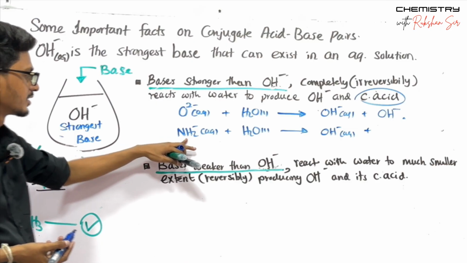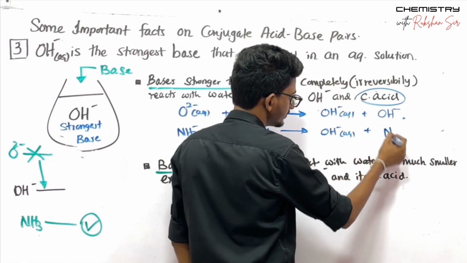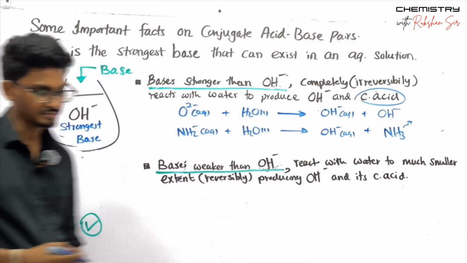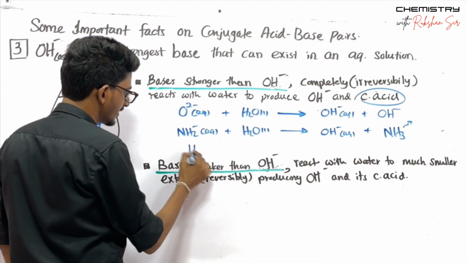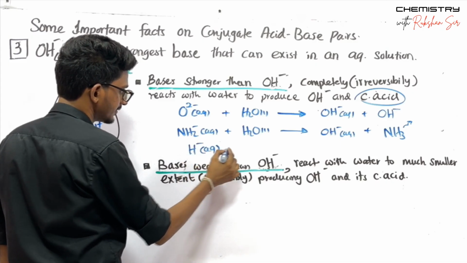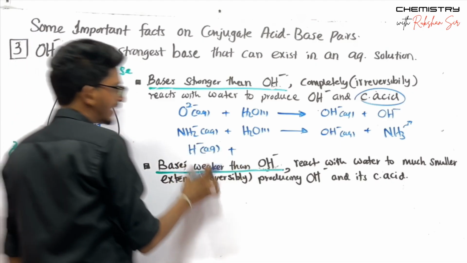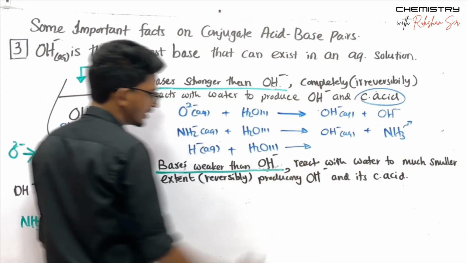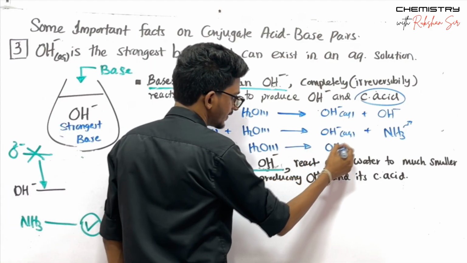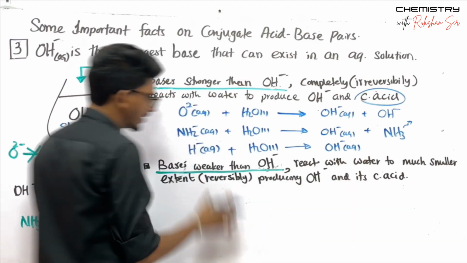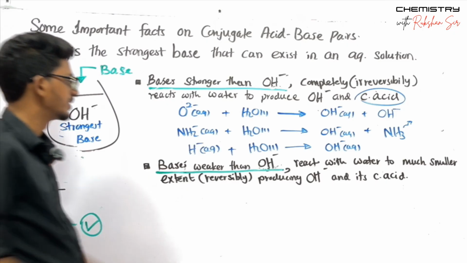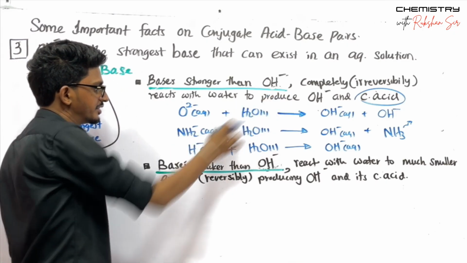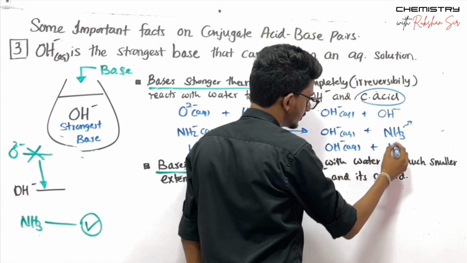So NH2 minus with H plus gives NH3. H minus is another base stronger than OH minus, so water will completely react with it to produce OH minus and the conjugate acid. Add H plus to it: H plus and H minus give you H2.